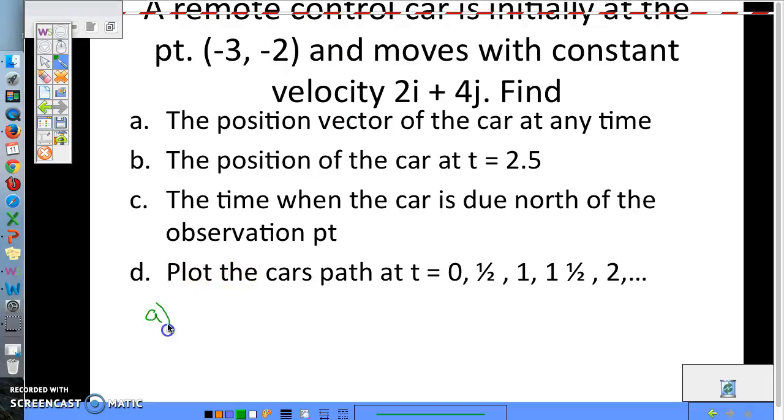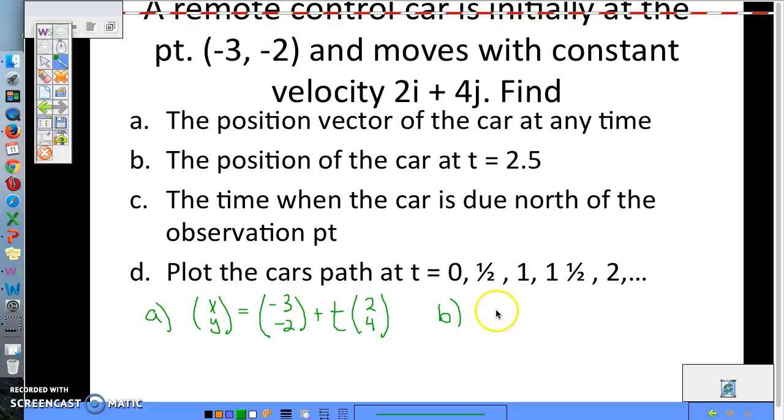The first thing it asks us to do is write the position vector of the car at any time. So to find its x, y position, we start with its initial position and add, depending upon how many seconds have passed, its velocity vector of 2, 4: over 2 and up 4.